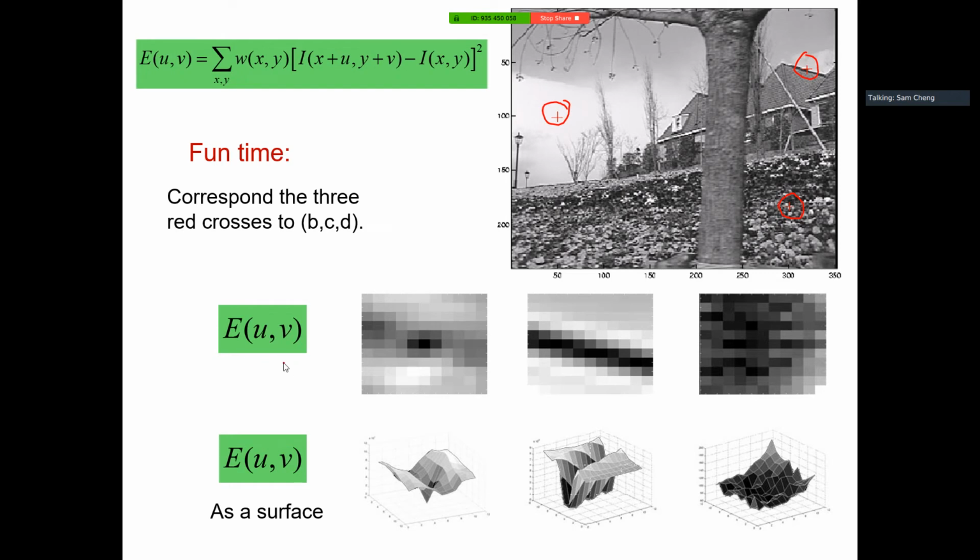As you change the degree of displacement, this u and v here, you can form a kind of surface, like an image here, right? So from what we discussed, can you identify which one corresponds to which one here?